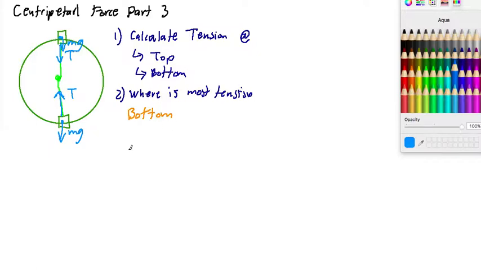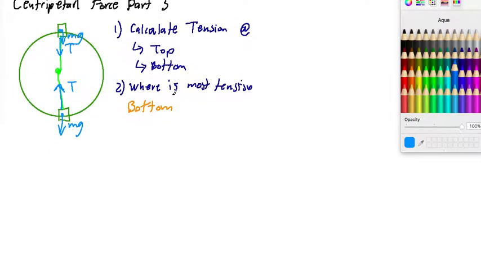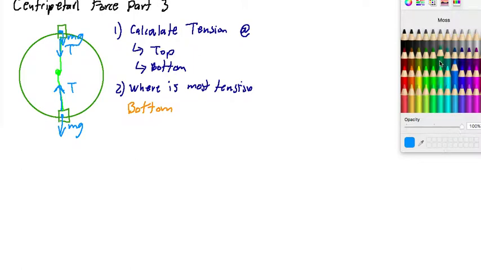Based on that, let's do the top part. At the top, the sum of the forces equals mv squared over r. If you don't remember where this came from, I suggest you look at our past video to see how we derived it.